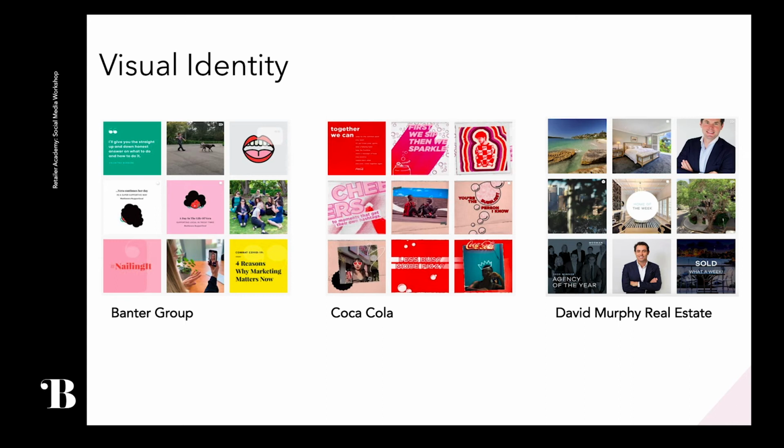So picking an Instagram filter, for example, and having an overlay, this is where you can see sold or agency of the year, is actually using an overlay to create a consistency with imagery. So see how you're going to create your visual identity, see what your brand is, create something that feels consistent, and that's what the success of social media, particularly on Instagram, can be focused on, as long as your content is valuable.